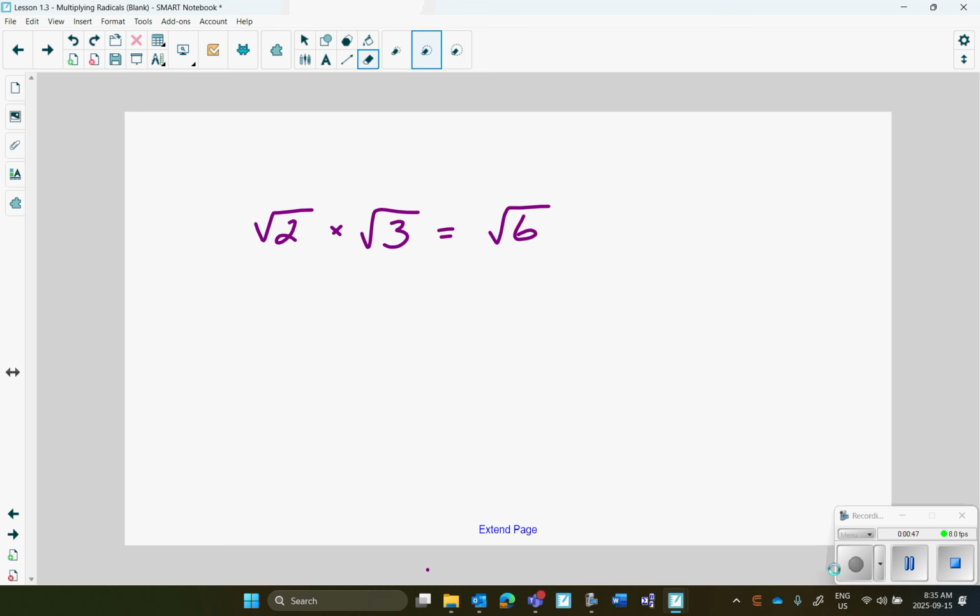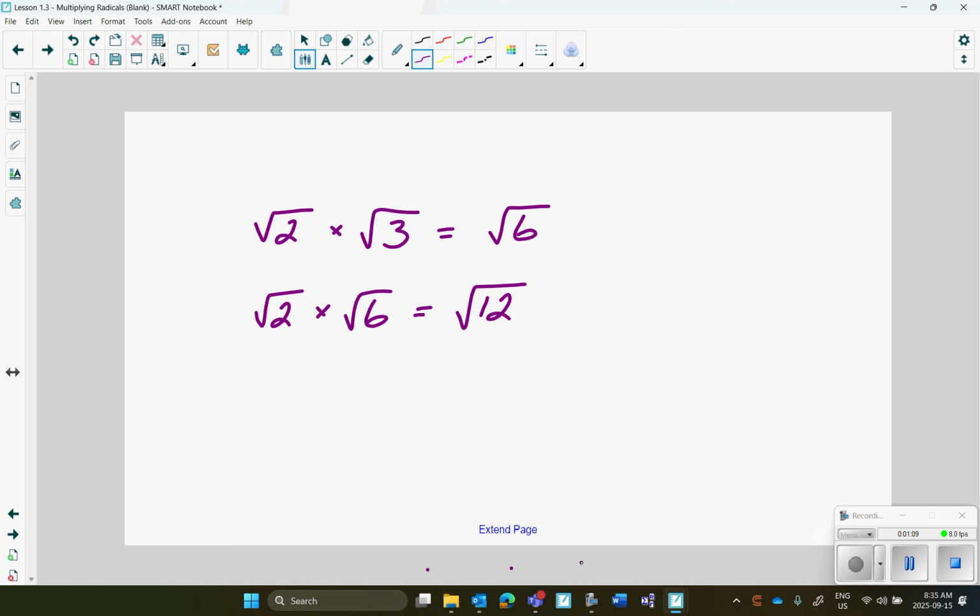If I said this, root 12. What's wrong with that? Is that a final answer?